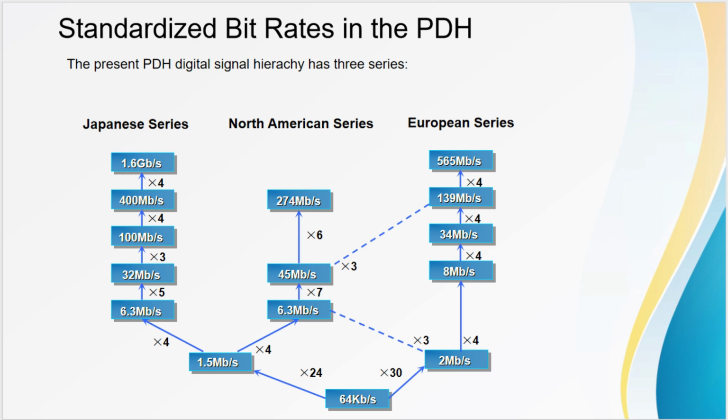In Europe, development of the TDM multiplexing scheme came a little later, in the year 1968.